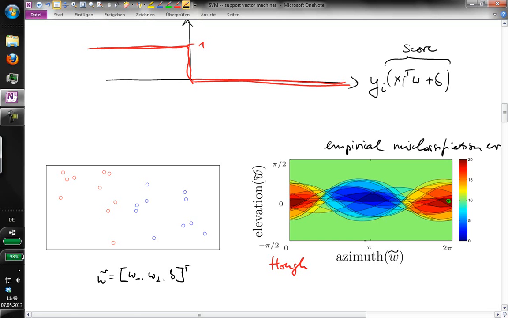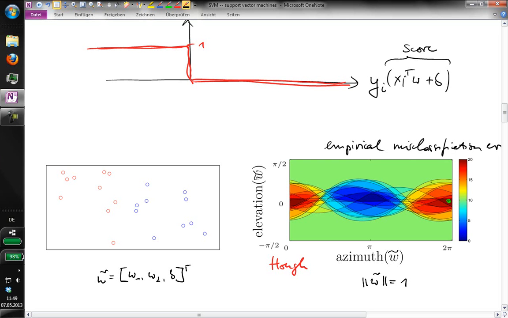And in the plot on the right-hand side, I had furthermore constrained the norm of w tilde to be 1, which means all my decision boundaries sit on the surface of a sphere, and I have here unrolled the surface of the sphere. You know, this is like you can have maps of the world. On the right-hand side, you see a map of the misclassification error for all possible decision boundaries.